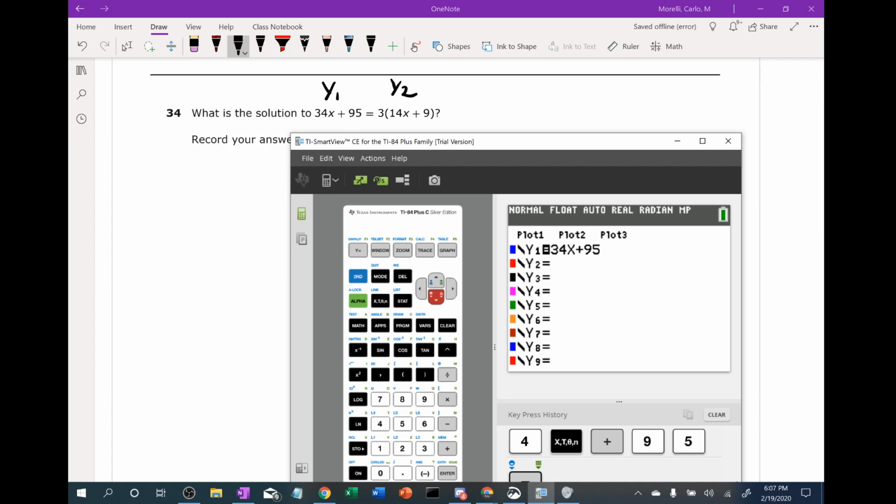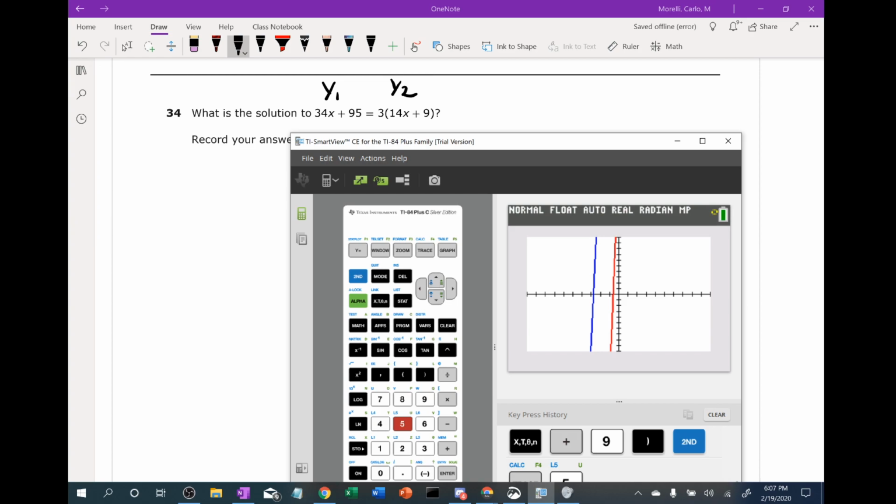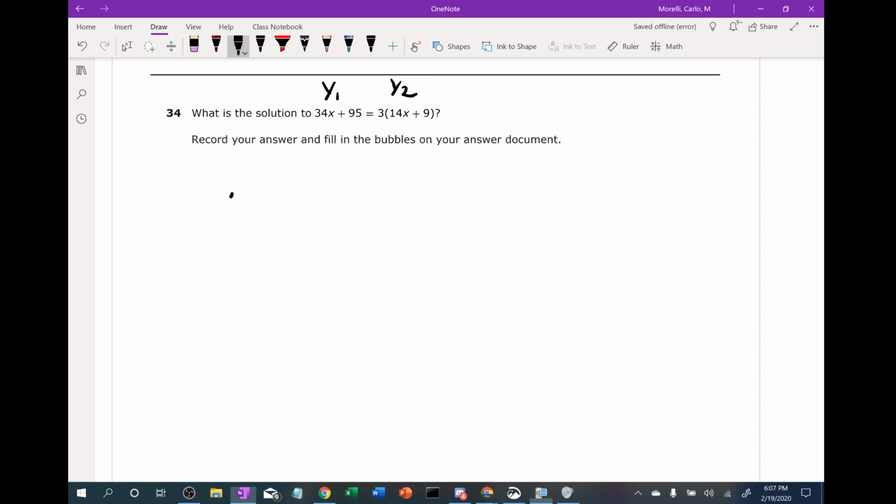Put the right side in Y2, 3 open parentheses, 14x plus 9. And then you just hit second trace 5 and enter, enter, enter. The intersection's at 8.5. I mean, that's how easy it is. Easy problem.